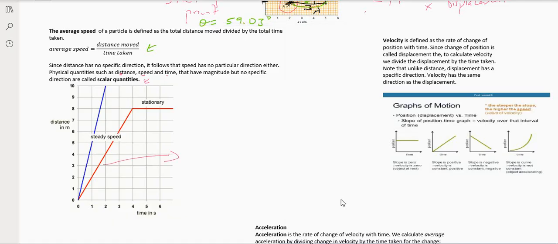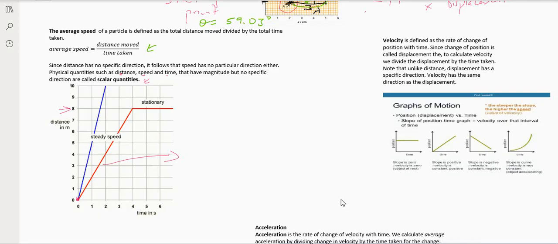So it's clear that this object, from its initial position, from the starting point, which in my estimation is 0, all the way to 8 meters, that object we can say was speeding at a steady rate, right?